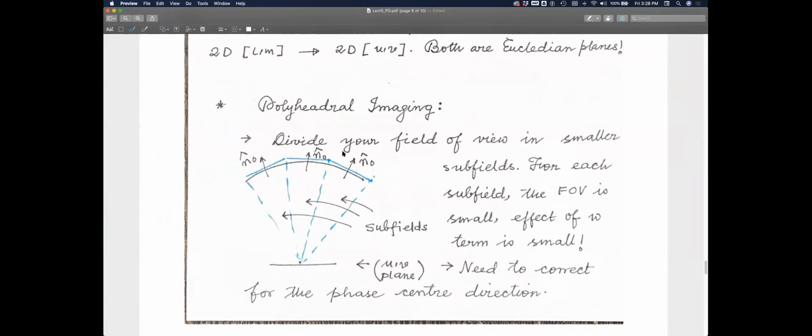So what you do is, when you shift your phase center to this polyhedral, or sometimes these are also called facets, to this facet, you add the appropriate phase to your visibilities. Once you do that, you get the visibilities as if you were observing this as the phase center or the center of the field of view. And you make an image separately for this. You do the same thing and make an image separately for this, and then you later combine these images. So that solves the problem that you are not making a transformation from a plane sky, but from the inner surface of a sphere.